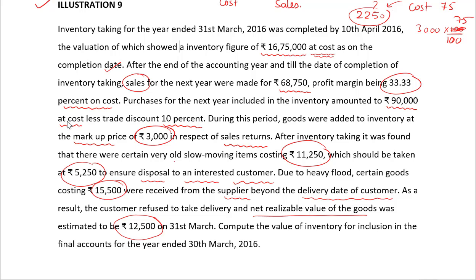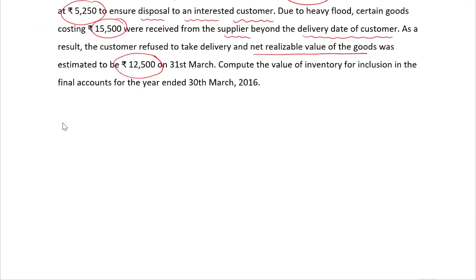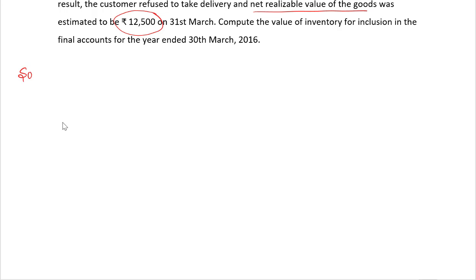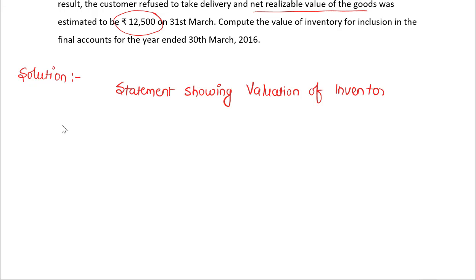Let us try to solve it now. Statement showing valuation of inventories as on 31st March 2016.